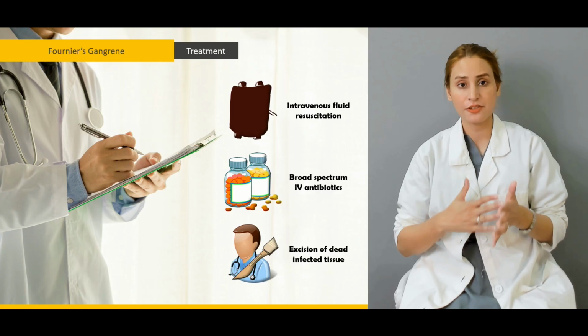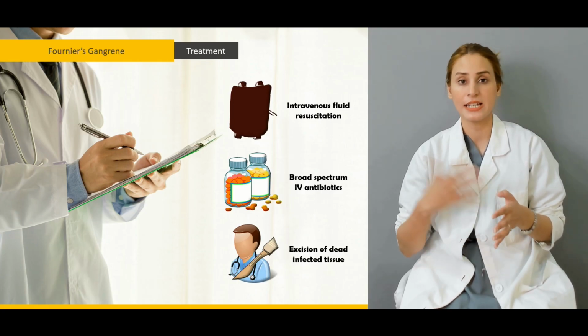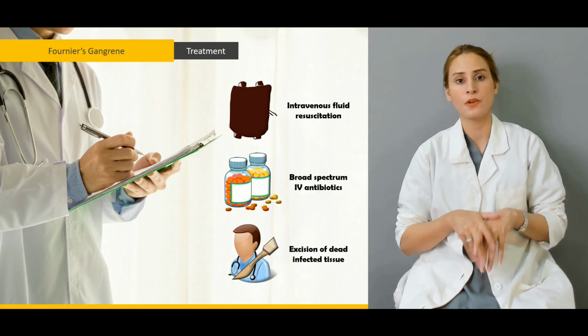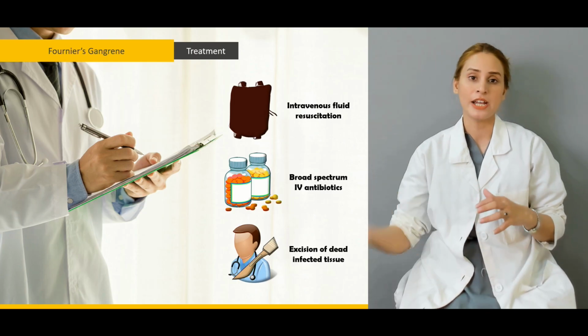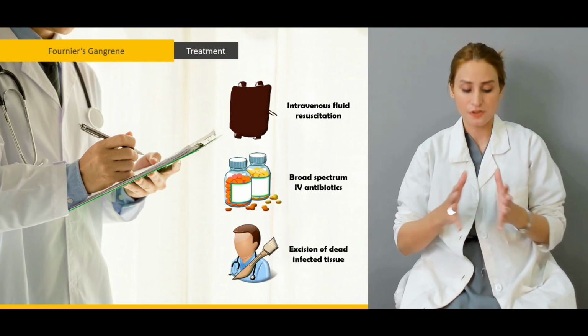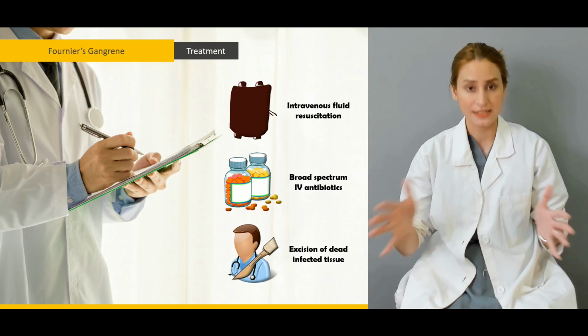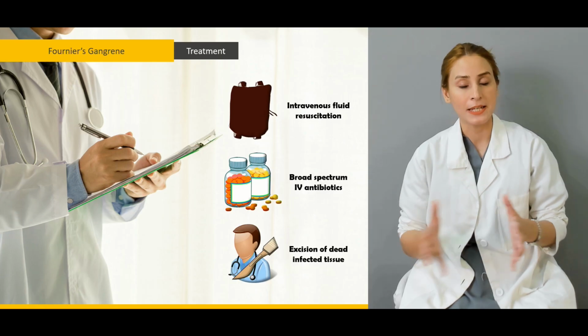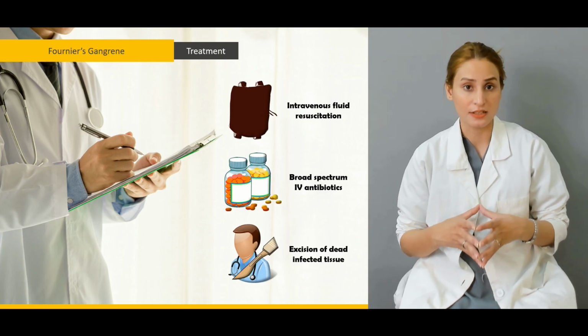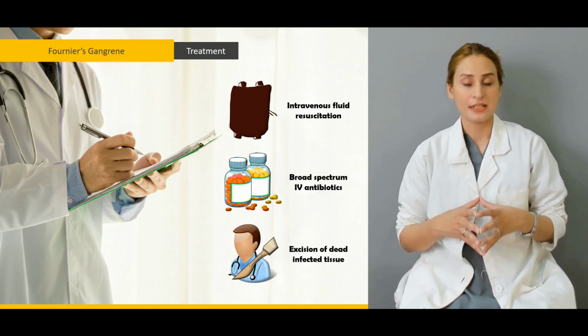The pathophysiology behind this is that it leads to obliteration of the small vasculature which supplies the scrotal skin. So the whole scrotal skin area sloughs off, gets necrosed, gets gangrenous because of the deficiency of good blood supply and good oxygen availability.